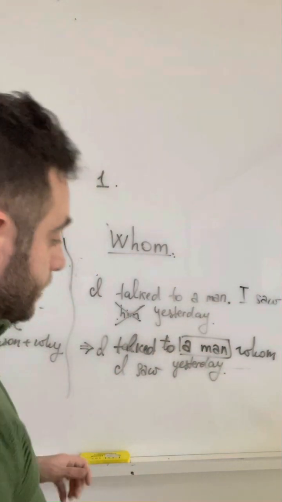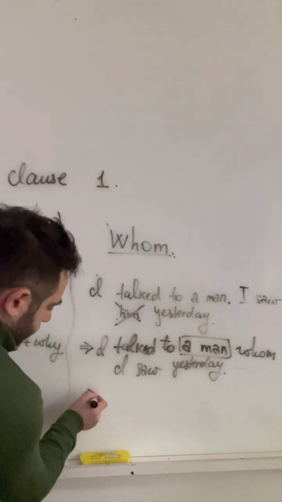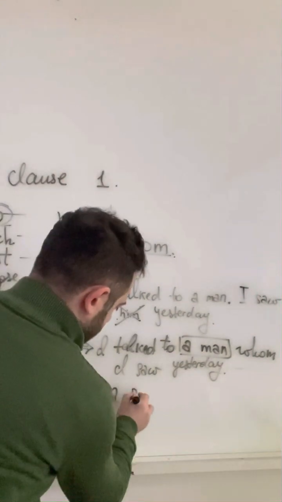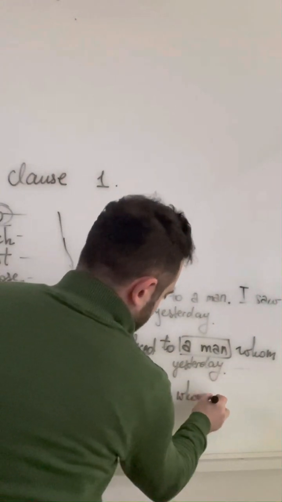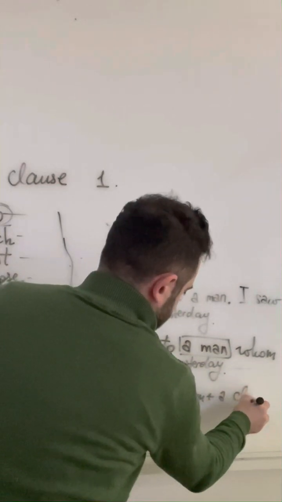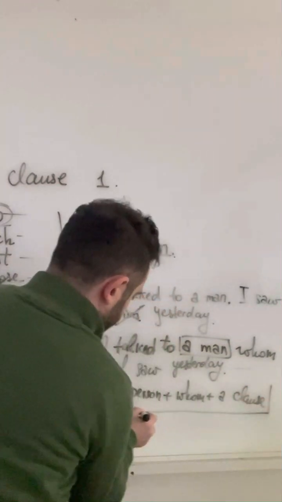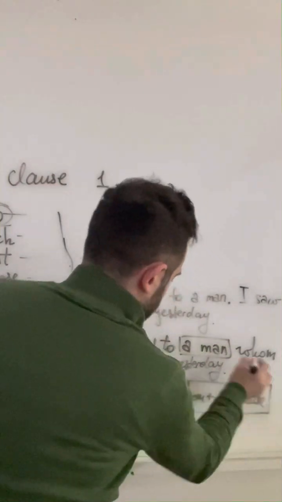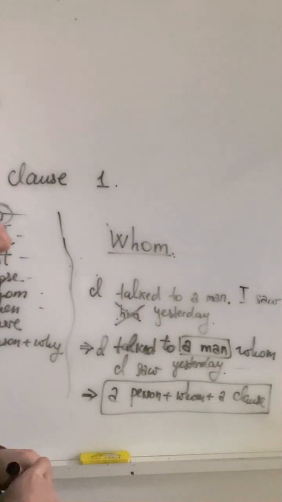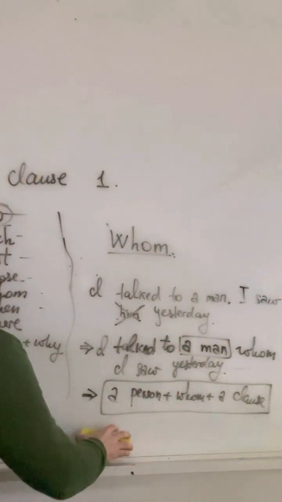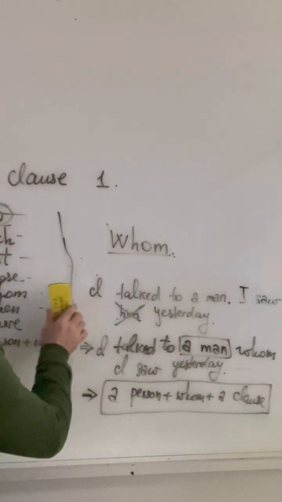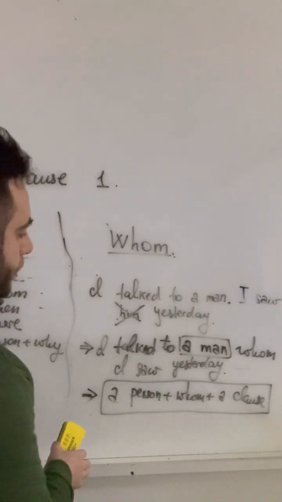This is the point. So we can generalize the structure: person or people plus whom plus a clause. Clause is a sentence, let's say. Like this. So that's it. This is all about whom.